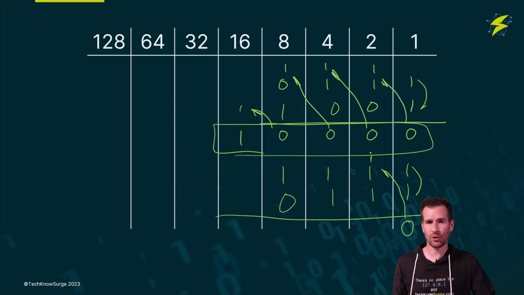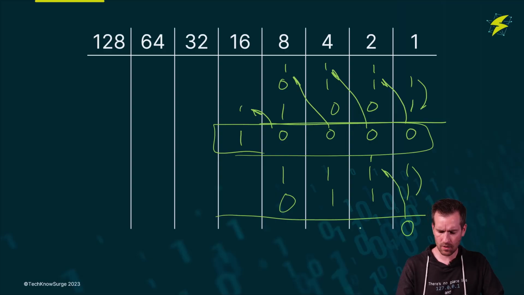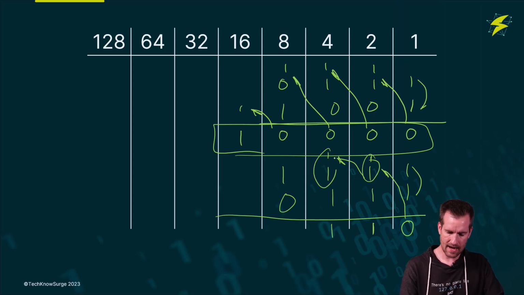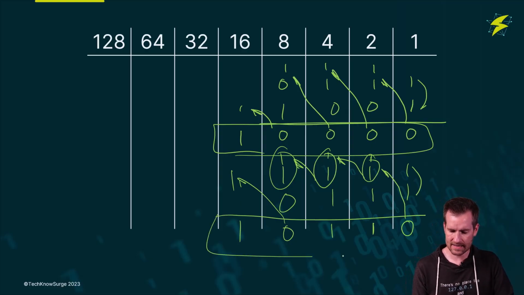And now we have 3. So what do we do with that? Well, one of the ones can stay here, and the other 2 we can carry to the next column. And same thing happens here. One of the ones can stay, and the other 2 can carry a 1 to the next column. And now we've got 2 right there, so we'll reset that and carry a 1 over here. And so there's 1. So that is the answer right there.